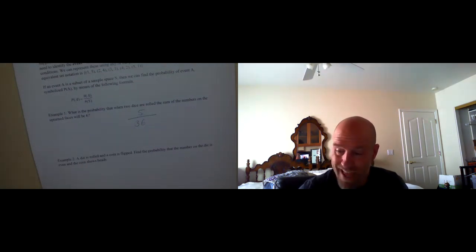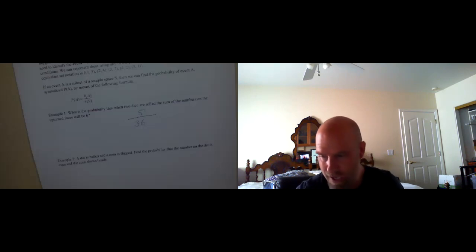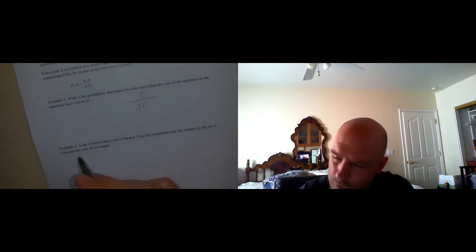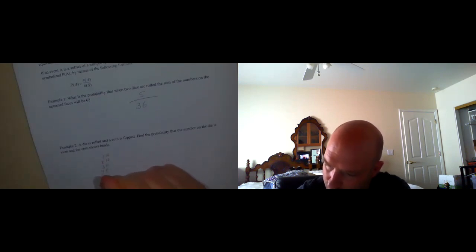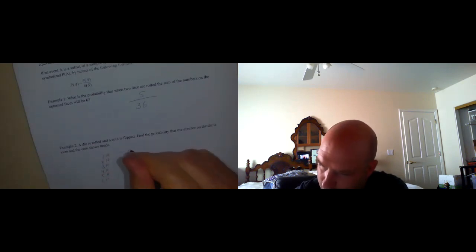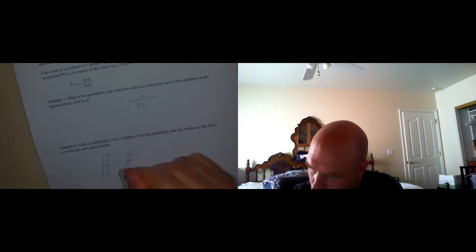A die is rolled and a coin is flipped. Find the probability that the number on the die is even and the coin shows heads. So I could write these all out. There is a 1 with a heads, a 2 with a heads, a 3 with a heads, a 4, a 5, a 6, also a 1 with a tails, a 2 with a tails, a 3 with a tails, a 4, a 5, and a 6.